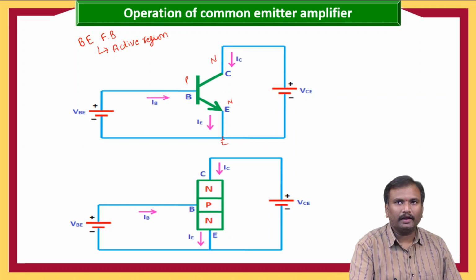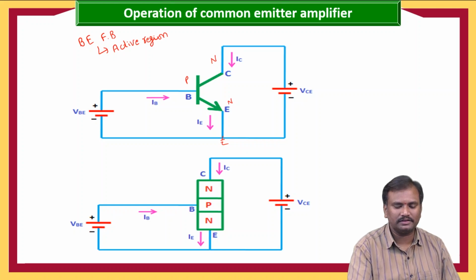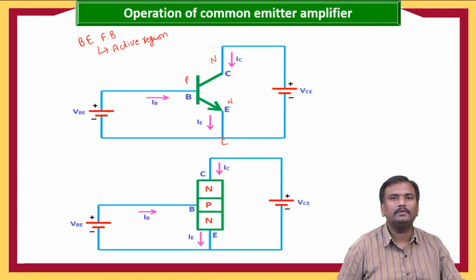Here is the current flow: this is the collector current IC, this is the base current IB, and this is the emitter current IE. So IE is equal to IB plus IC according to Kirchhoff's current law. What is Kirchhoff's current law?